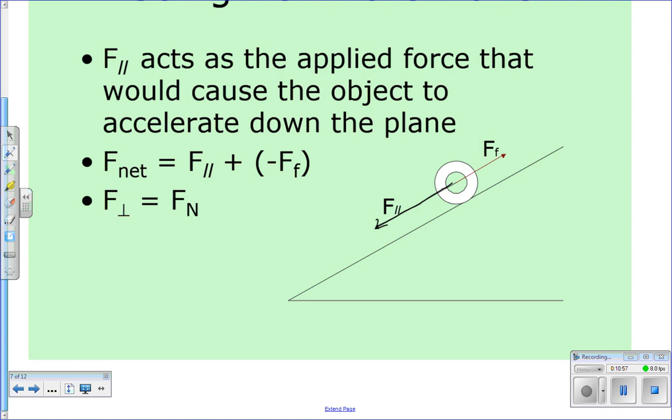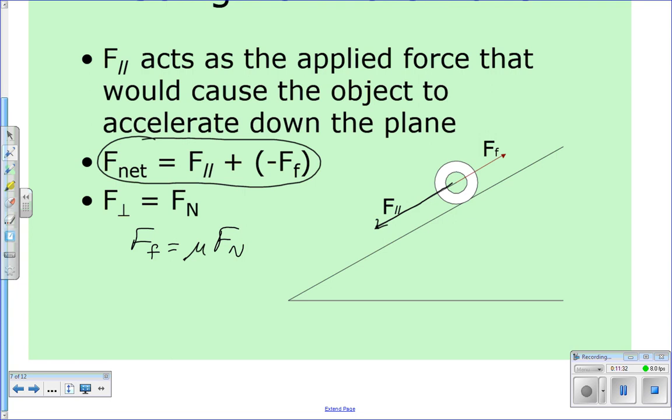So, net force, the force that causes acceleration for an object on an inclined plane, would be equal to the parallel component of the object's weight plus the force of friction. Now, don't forget, force of friction is equal to the coefficient times the normal force.